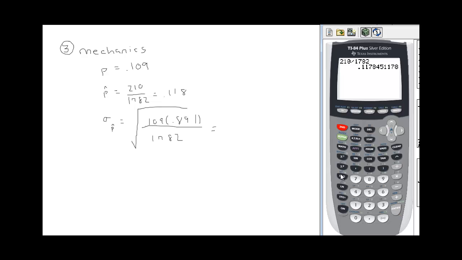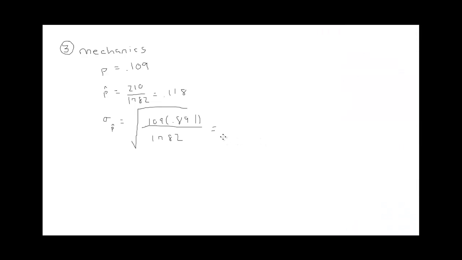So, square root of 0.109 times 0.891 divided by 1,782. All right, so about 0.0074 it looks like. So our standard deviation of p hat is 0.0074.